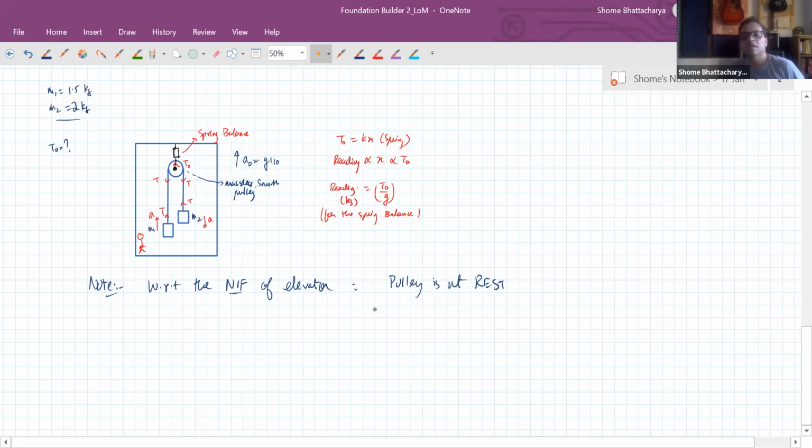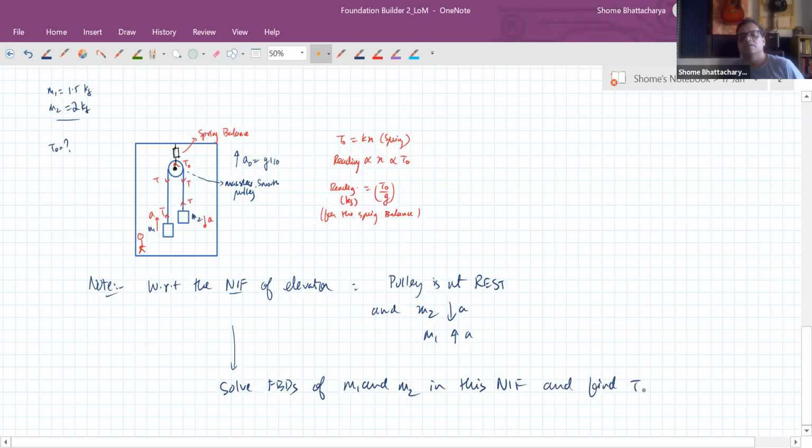M2 has a downward acceleration of A, M1 has an upward acceleration of A. So we will solve the free body diagrams of the M1 and M2 blocks in this non-inertial frame, and find that tension T.